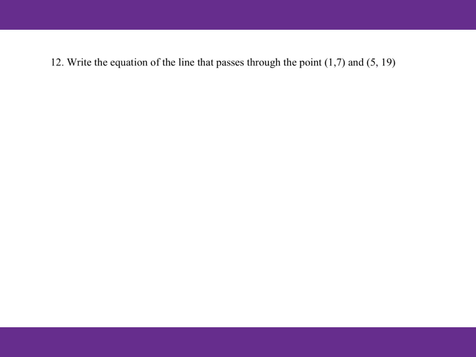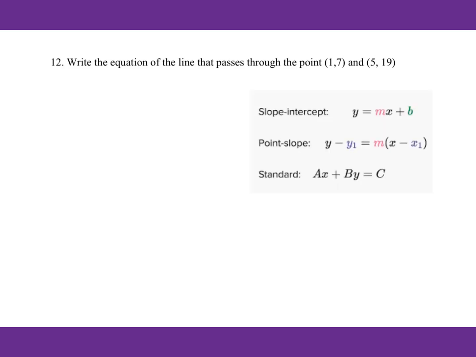Number 12, write the equation of a line passing through the points (1, 7) and (5, 19). For a linear function, we have 3 forms: slope-intercept form, point-slope form, and standard form. If you are given 2 points, normally we use point-slope form. So you are supposed to get the slope.